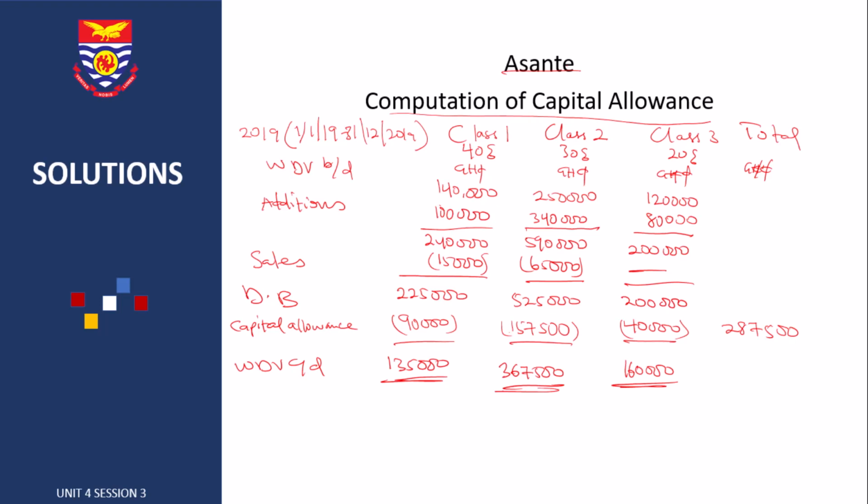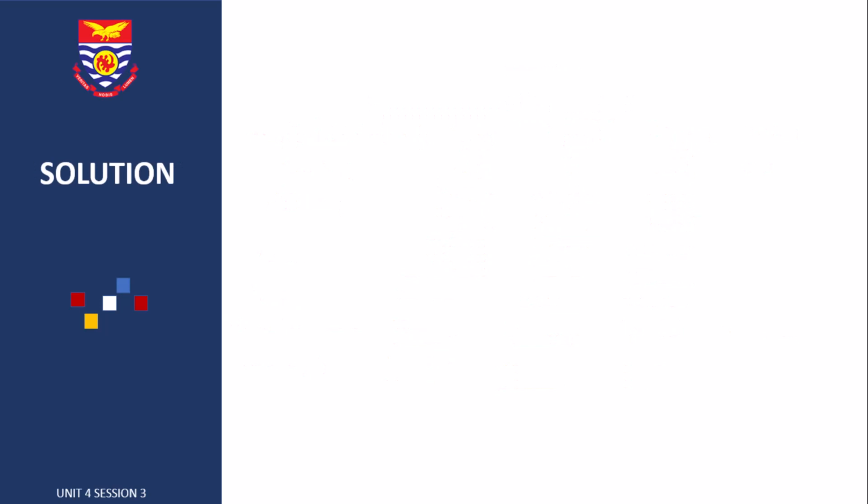Let us look at 2020 year of assessment. So we have 1st January 2020 to 31st December 2020. Okay, so we have our written down value brought down. So from 2019, we are transferring them to 2020.